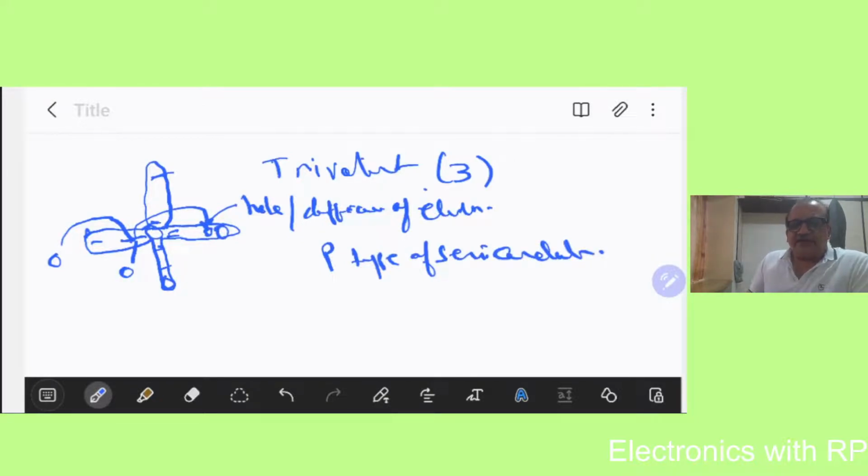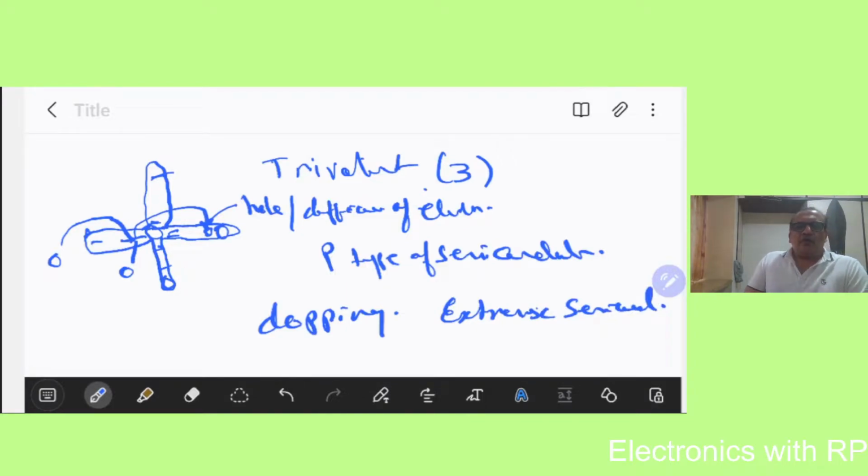And this process of adding impurity to a pure semiconductor is known as doping. And after doping, an intrinsic, which is a pure form of semiconductor, becomes an extrinsic semiconductor.